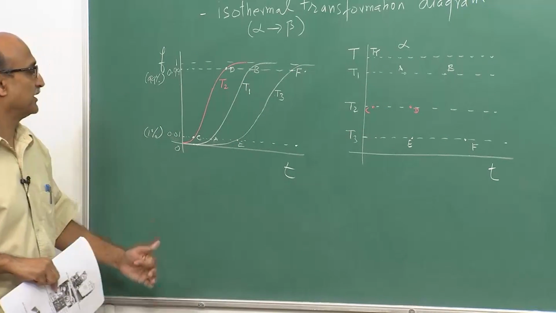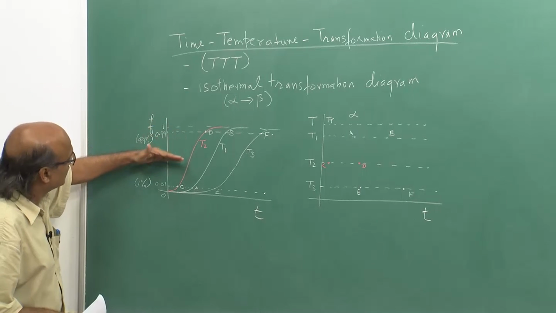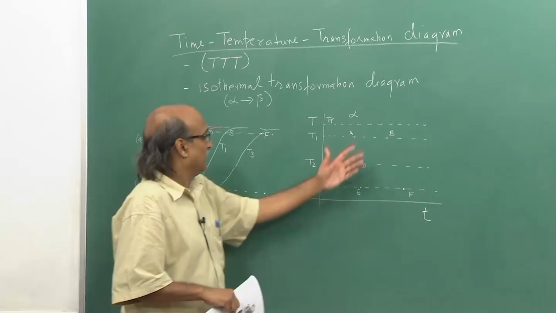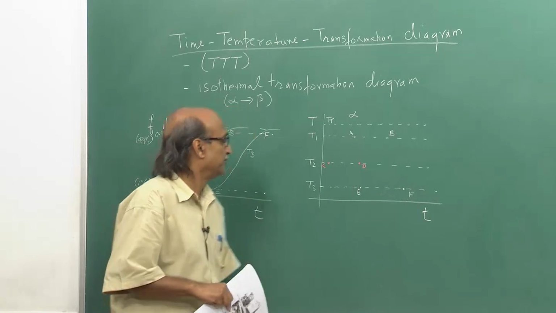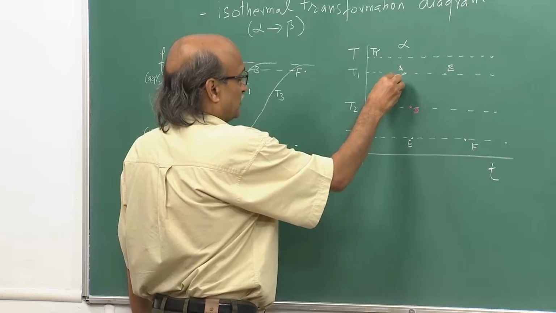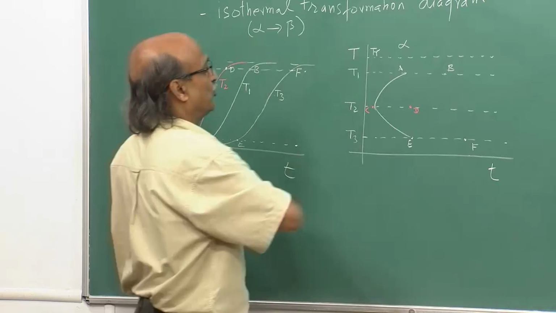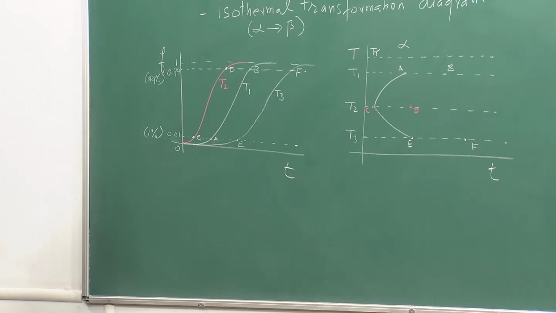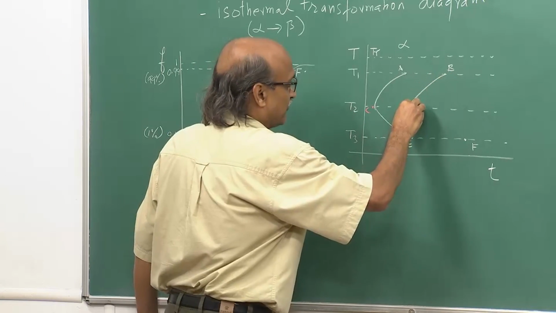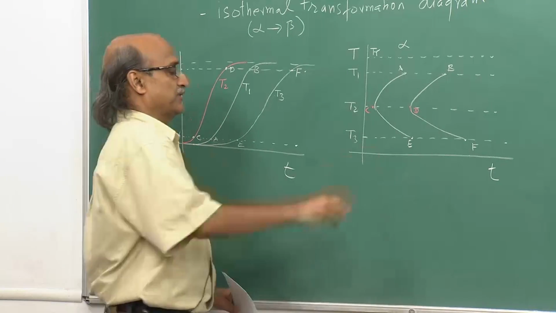Now, imagine that I can repeat this exercise for many other temperatures between T1 and T3. So, I will have a set of points, and I can join all those points. I can join points A, C and E because they all correspond to 1% transformation complete, and I can join points B, D and F to indicate 99% complete.